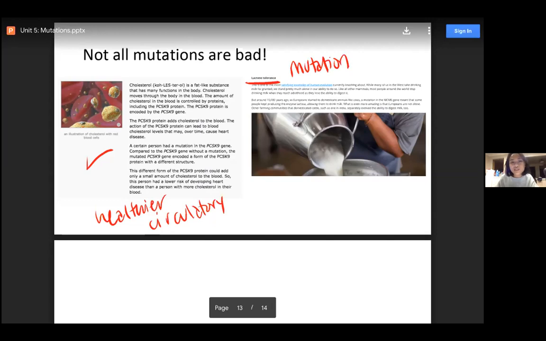So if you have this mutation, you are good to go when you eat ice cream or drink milk, nothing horrible happens to you. But Miss Aquino does not have this mutation. I have lactose intolerance. So I personally cannot drink a lot of milk or else I'm going to have a bad time. So some mutations are good for humans.